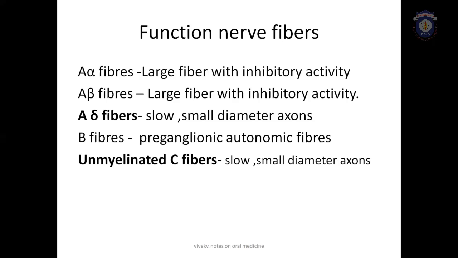B fibers are actually preganglionic autonomic fibers, and unmyelinated C fibers are slow, small diameter axons. There is no myelin sheath involved in this. A alpha and A beta fibers are large fibers, but mostly these two are involved in inhibitory activities. So as I said before, the nerve fibers that transmit pain are usually A delta fibers and unmyelinated C fibers.